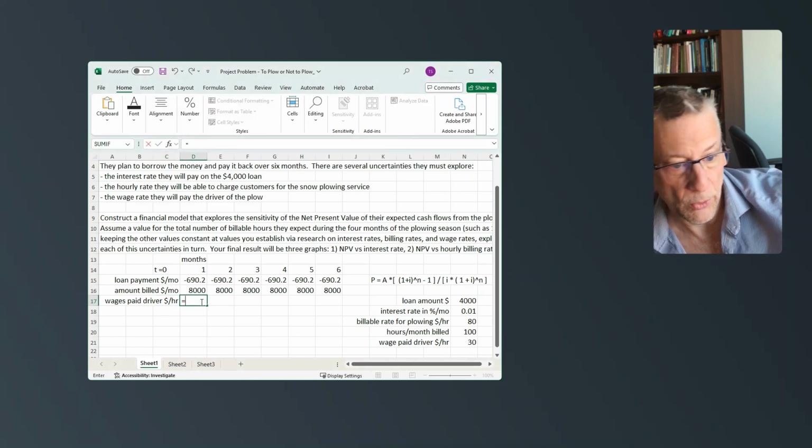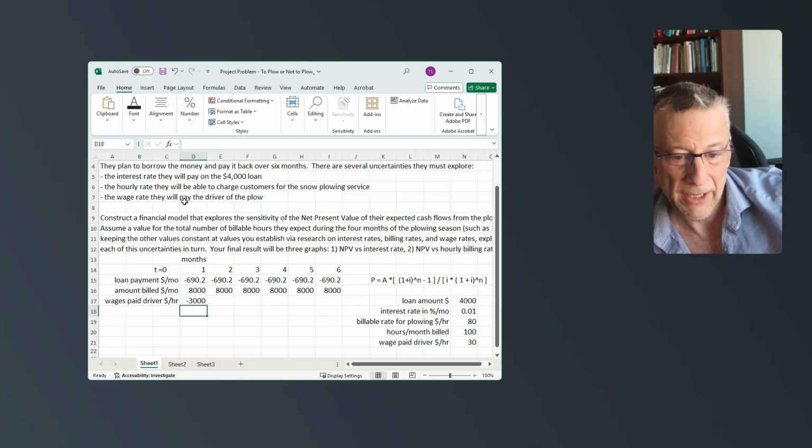Boom. It's going to equal the number of hours billed times the hourly wage paid the driver, and you know it's going out the door, so it's negative. I'm going to copy that over.